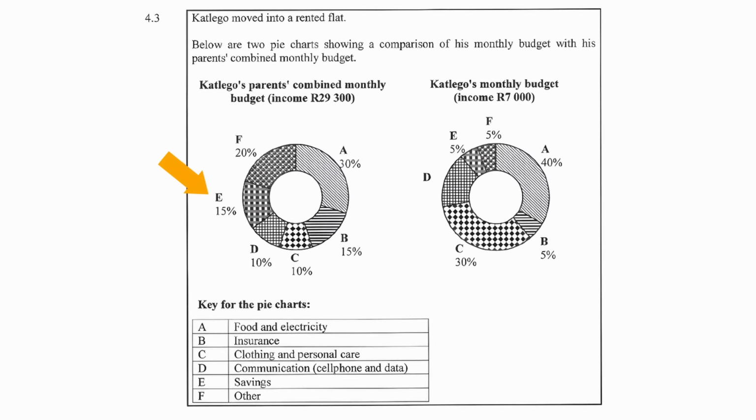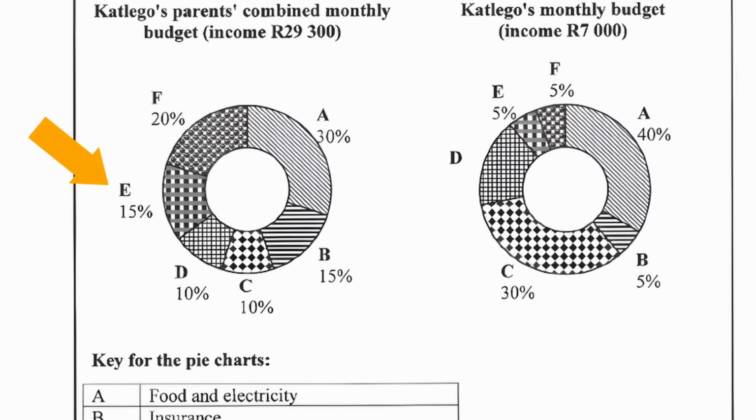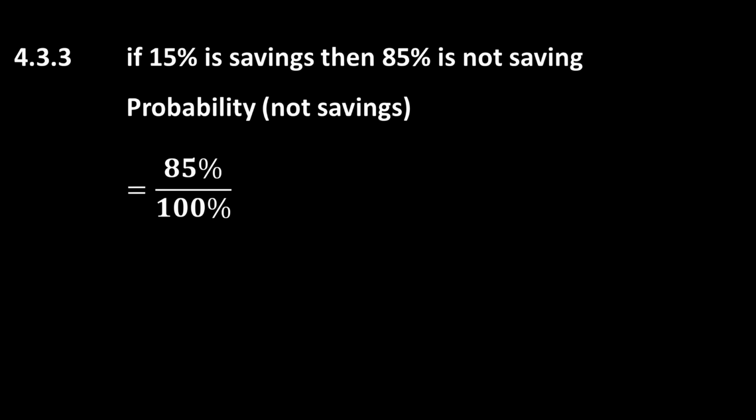From Katlego's parents' chart, savings accounts for 15% of their budget. This means that 85% of the budget is not savings. This percentage as a decimal is 85 divided by 100, and this equals a probability of choosing an item which is not savings of 0.85.